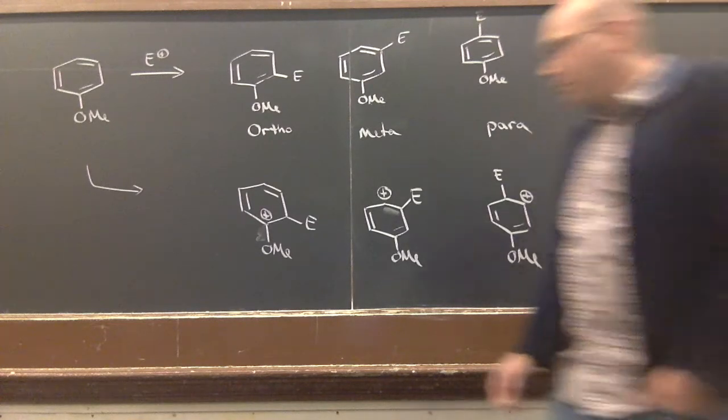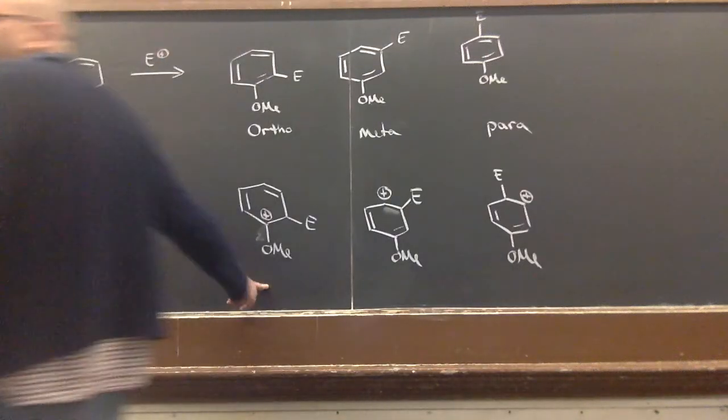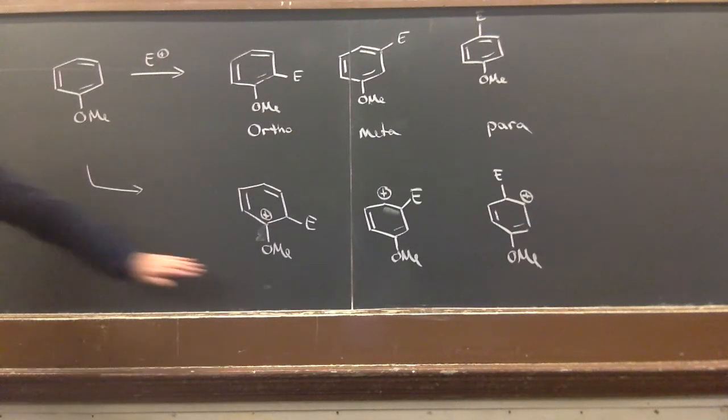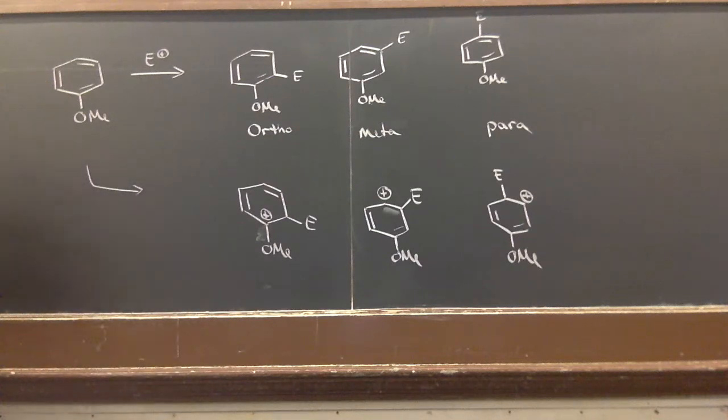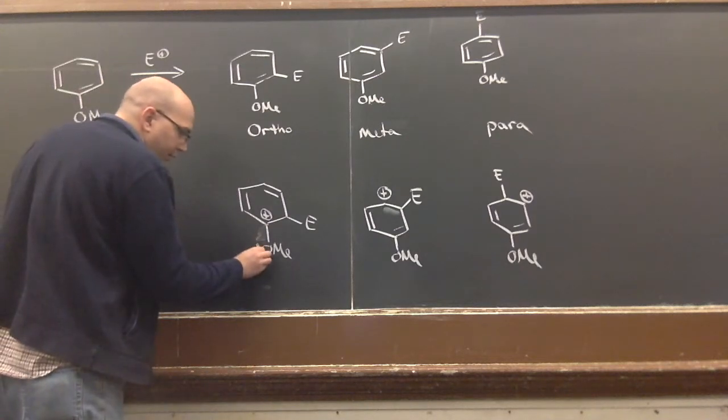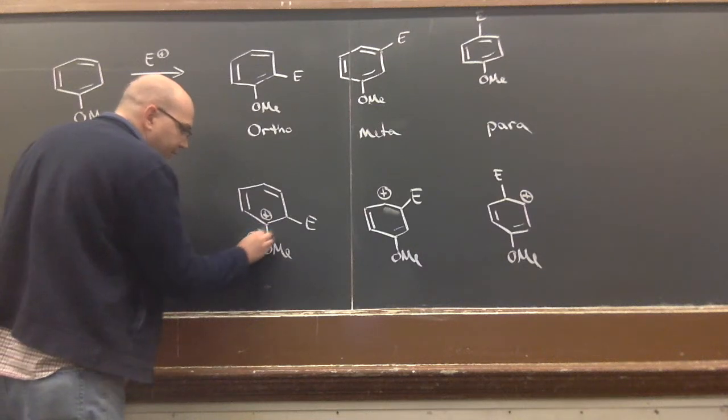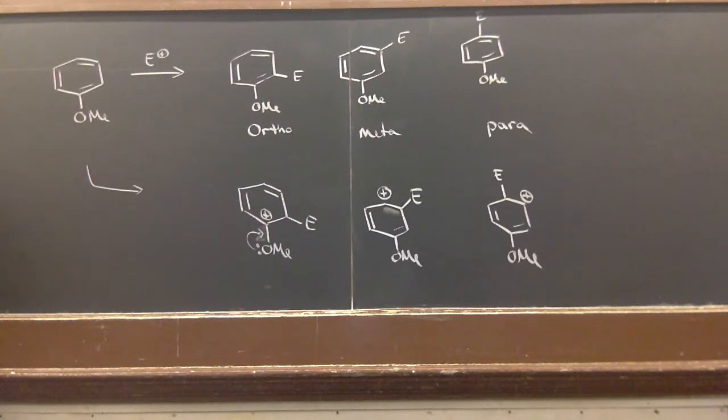Right away, if we look at this molecule right here, it should be fairly apparent that there's a really major stabilizing effect on that carbocation. That's based upon the lone pairs on that methoxy donating into that pi system there.